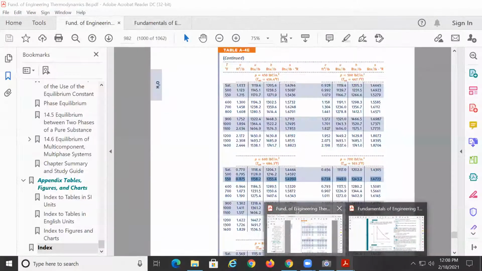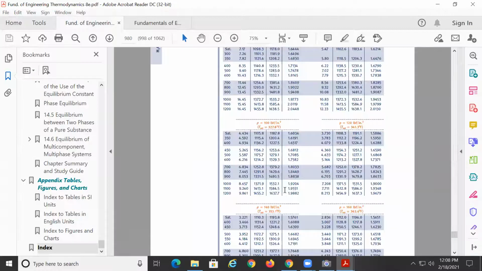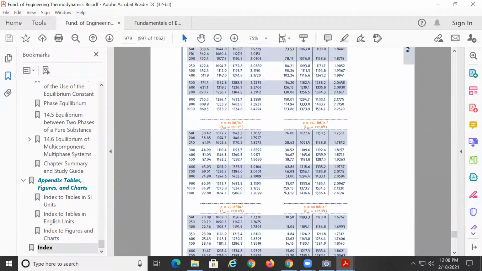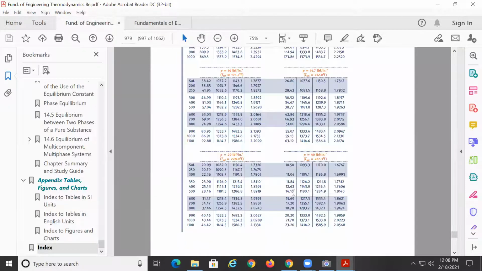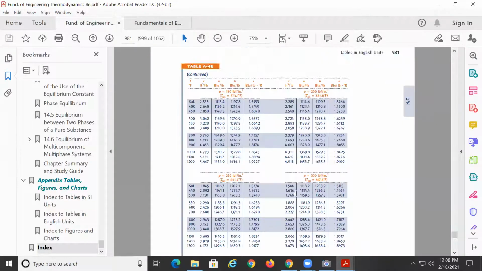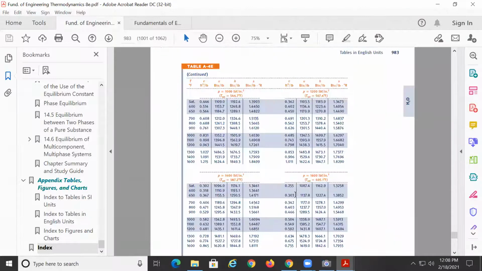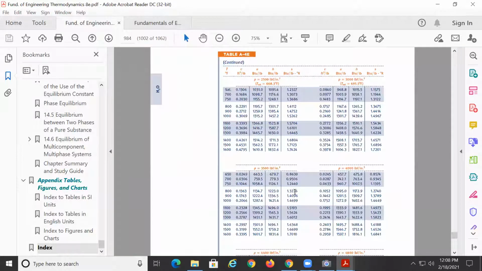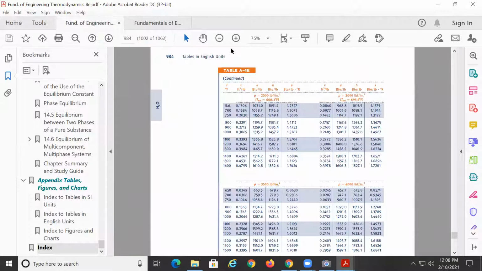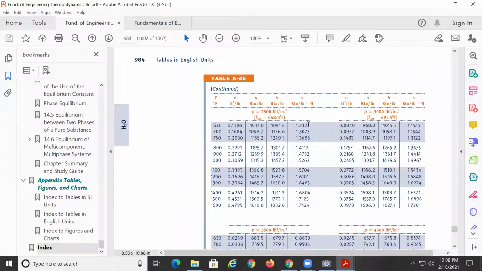Okay, let's go back to table A3E and see what will happen at 3000. Or we can do it maybe from here. Did I have 3000 here? You can do it from either table. Let's see that we can do it from both. They have 3000 here. So we can even do it from this table. But I will go to another table later on.